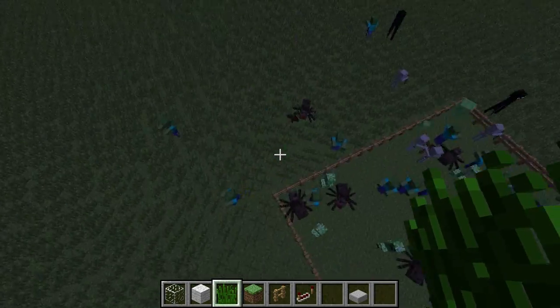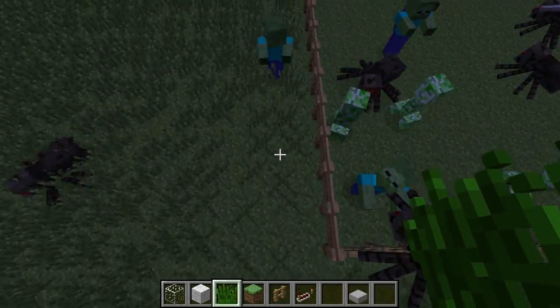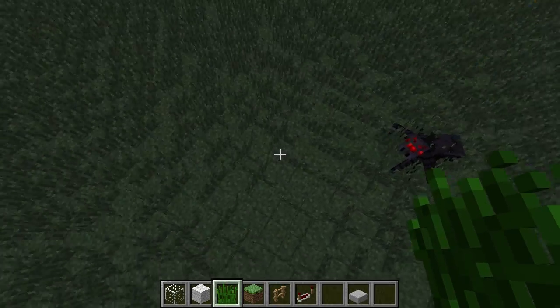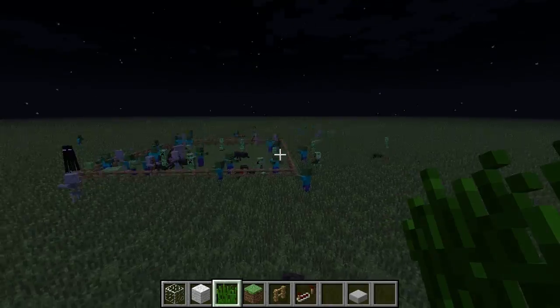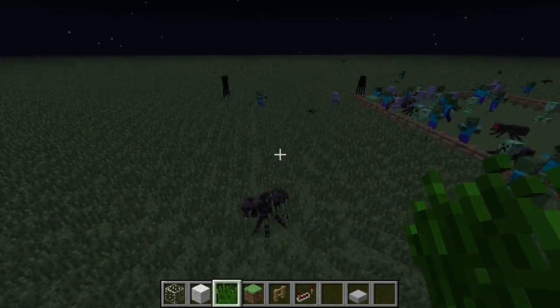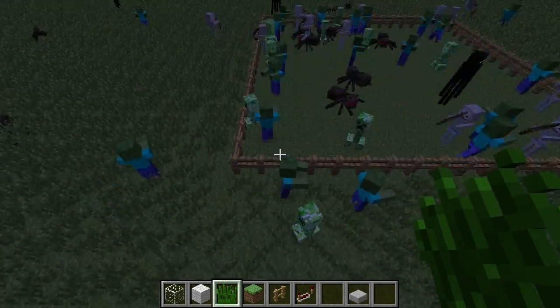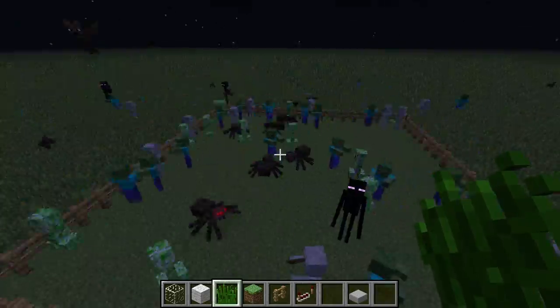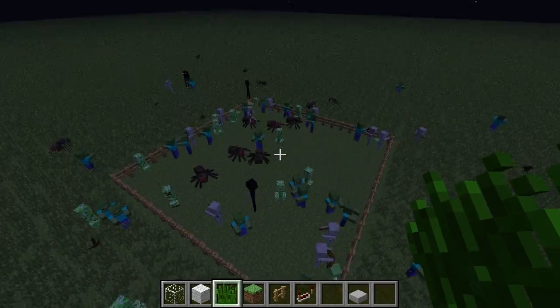Mobs are spawning inside, and within 20 blocks, so mobs can in theory spawn as far as 20 blocks away from the border here, but they are fairly few compared to the mobs in the immediate vicinity of the chunk.